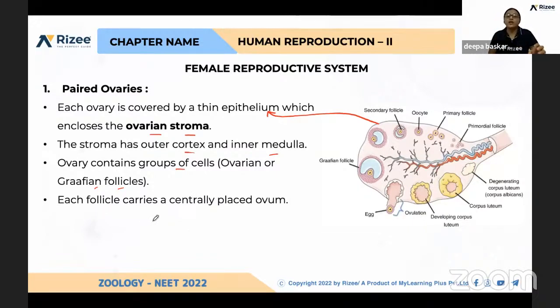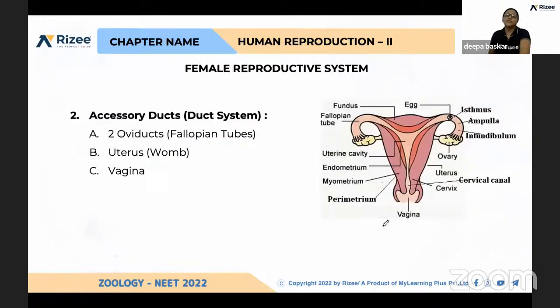Each follicle carries a centrally placed ovum. During gametogenesis, you'll be learning what are primary follicle, secondary follicle, tertiary follicle, Graafian follicle, and what is corpus luteum. Everything you'll learn in the fertilization and gametogenesis process. So that's all about the ovary.